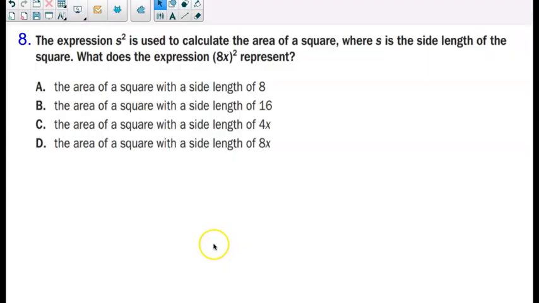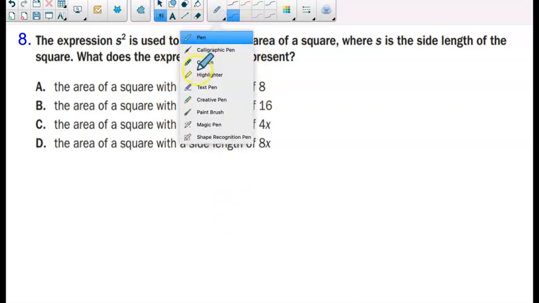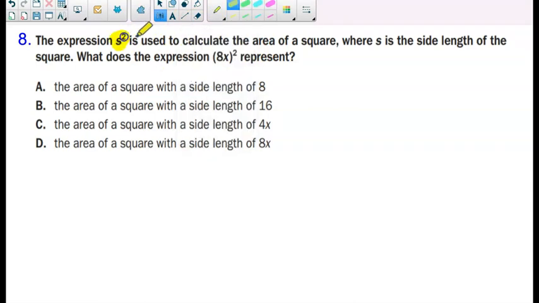Now in question number 8, we have the expression s square is used to calculate the area of a square, where S is the side length of the square. S is the side length.